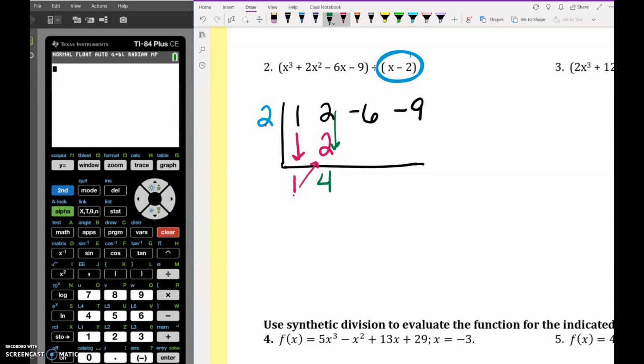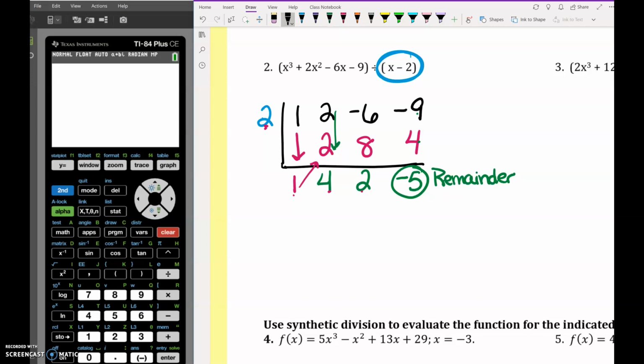No. So if it's cleaner to not draw the arrows, you don't have to draw the arrows. 2 times 4 is 8. Add. -6 plus 8 is 2. 2 times 2 is 4. -9 plus 4 is -5. -5 is your remainder.